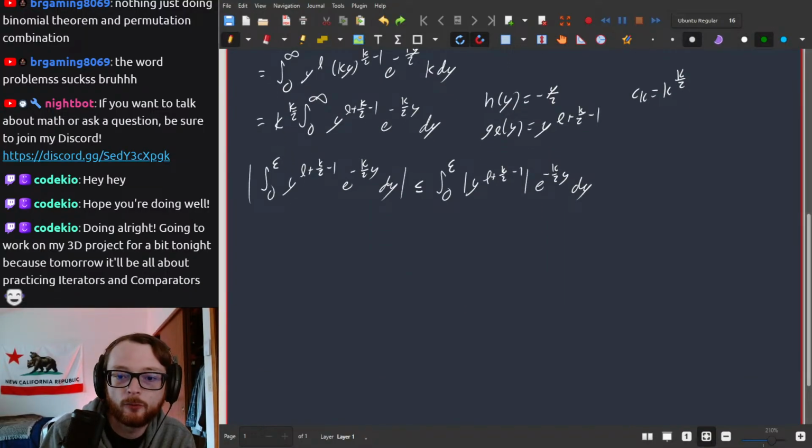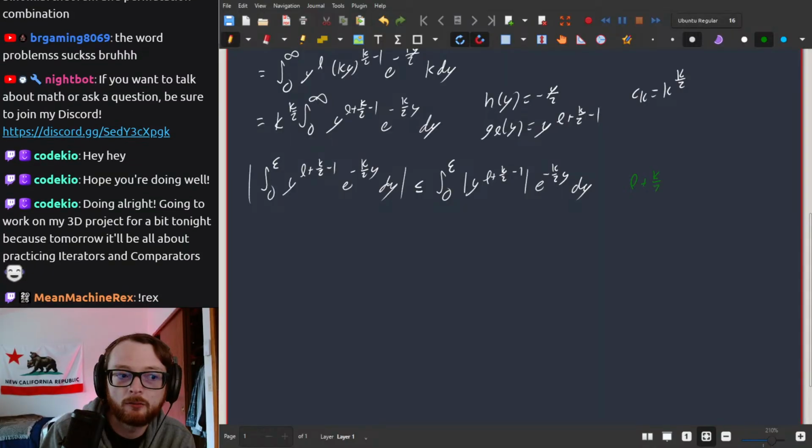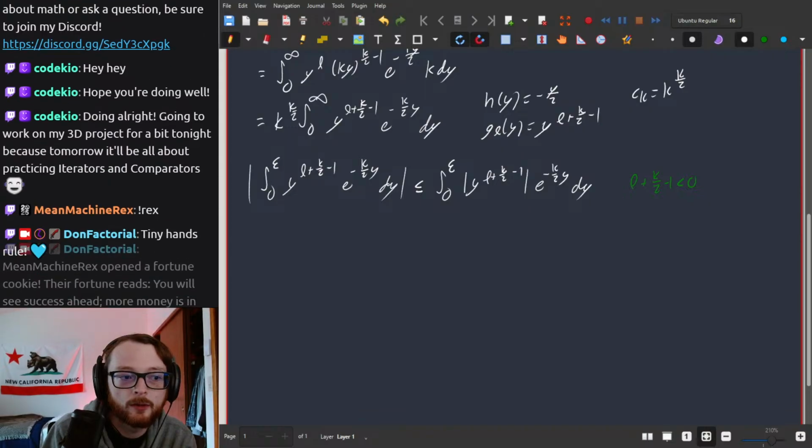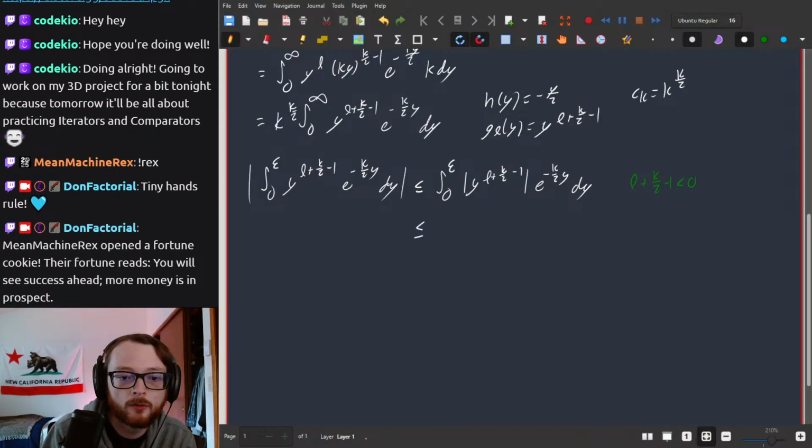So we need to assume here that L plus k over 2 minus 1 is less than 0, in which case we can take the upper bound of this thing as... Well, it's diverging. It's not bounded. That's the issue.